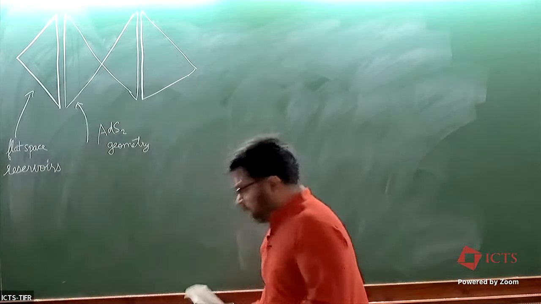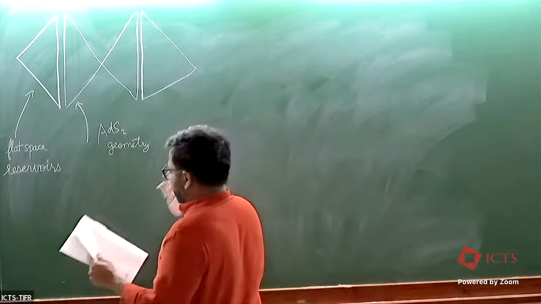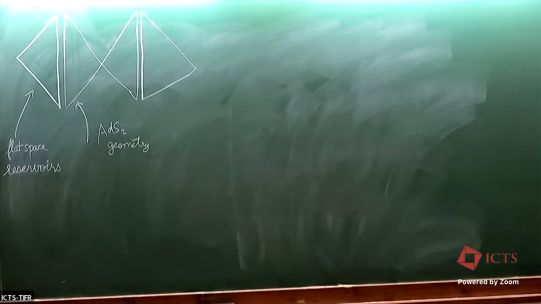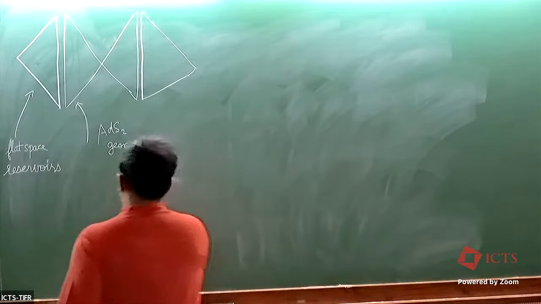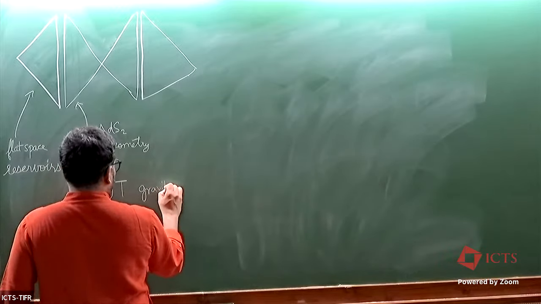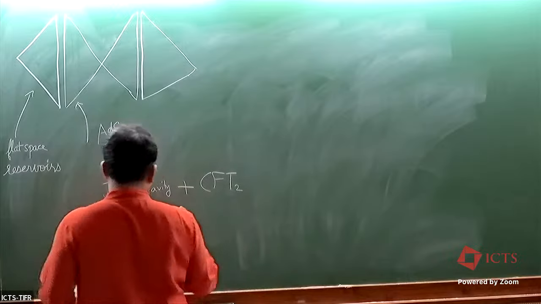But we are supposed to imagine the following, right? Imagine that you didn't just have that JT gravity, because in order to discuss Hawking process, we always need some matter fields. So we have JT gravity plus, let's say, some CFT2, to which it's coupled.